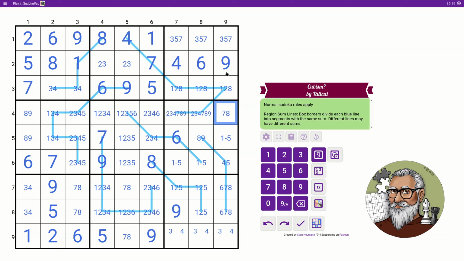Right. So now we know that this isn't 8, this isn't 7. And this is just pure 3, 4, right? So that's a 3, 4, 5 triplet. Okay.